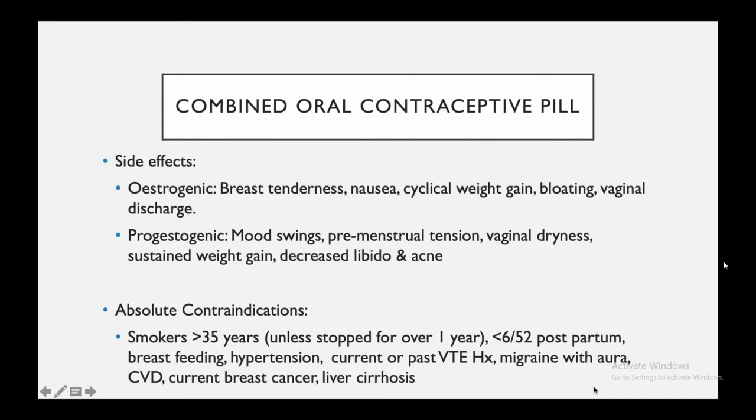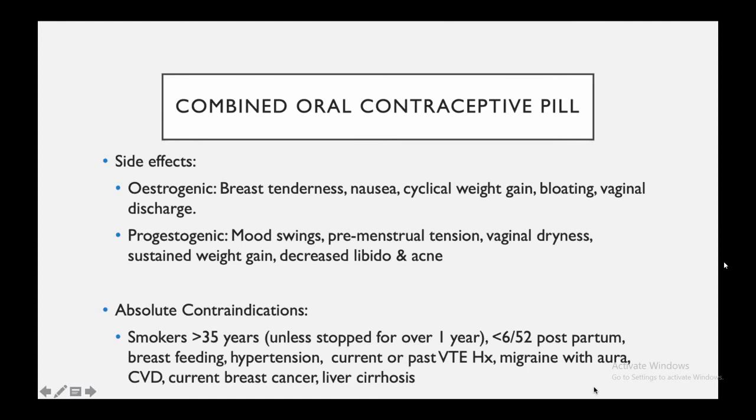Other absolute contraindications include current or past history of any blood clots and migraine with an aura. So if they do suffer from a migraine and have no associated aura, it is not a contraindication. Also, current breast cancer, liver cirrhosis, and or cerebrovascular disease.